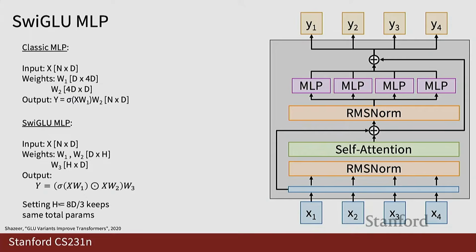Even if we select the hidden layer size equal to 8D divided by 3, it keeps the same size of the network in terms of the number of parameters, but it does learn higher dimensional nonlinearities in that layer.